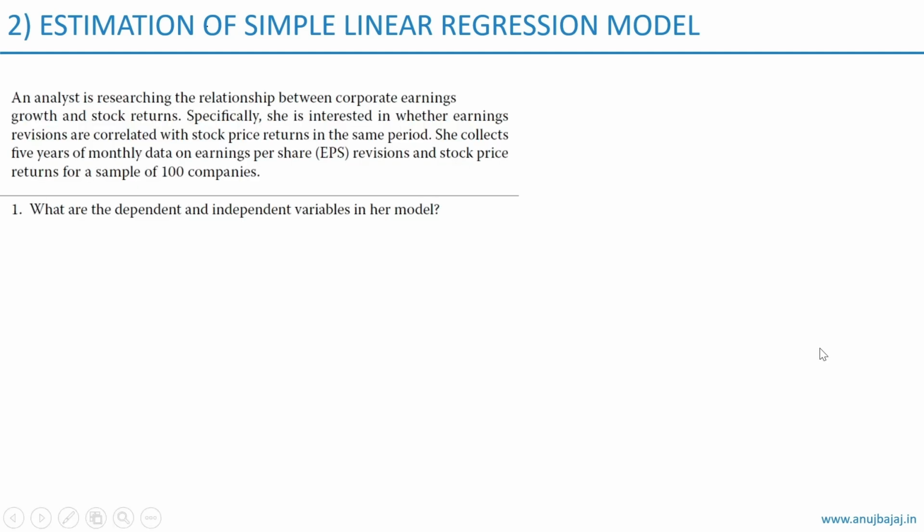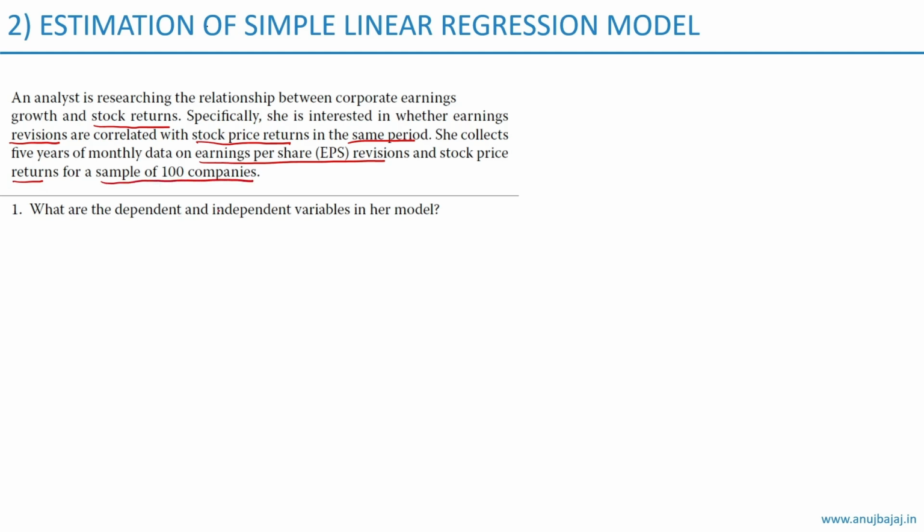An analyst is researching the relationship between corporate earnings growth and stock returns. Specifically, she is interested in whether earnings revisions are related to the stock price return in the same period. So she collects the data of the earnings per share revision and the stock price return for a sample of 100 companies.